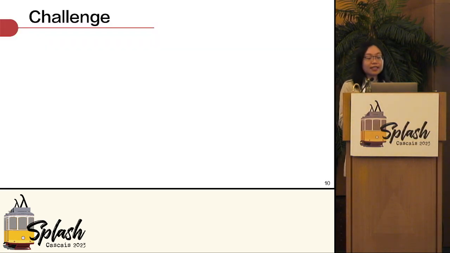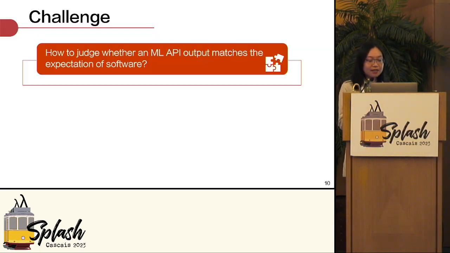To design such an adapter, there are several challenges. First, how to judge whether an ML API output matches the expectation of the software. Lacking the API specification, software developers do not know what output they may get from the API invocation and do not have a standard way to specify what output they expect. How to automatically extract that expectation and hence judge whether an API output matches the expectation of software is an open question.